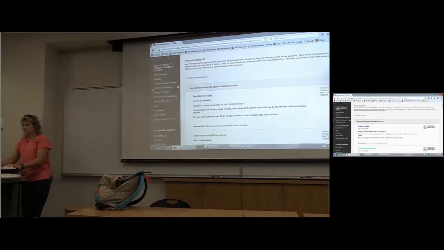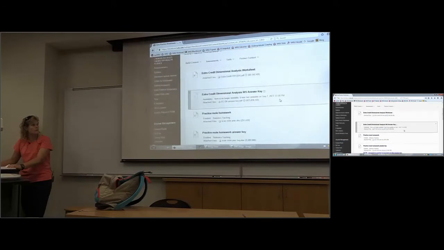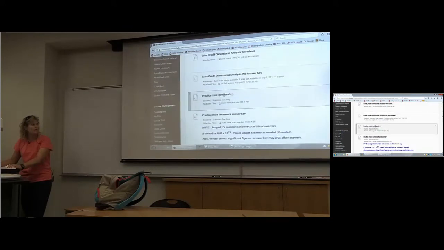On Blackboard, under Extra Practice Worksheets, there is a practice mole homework. That is just like the page. It's not the same problems, but it's similar to what we've just done.